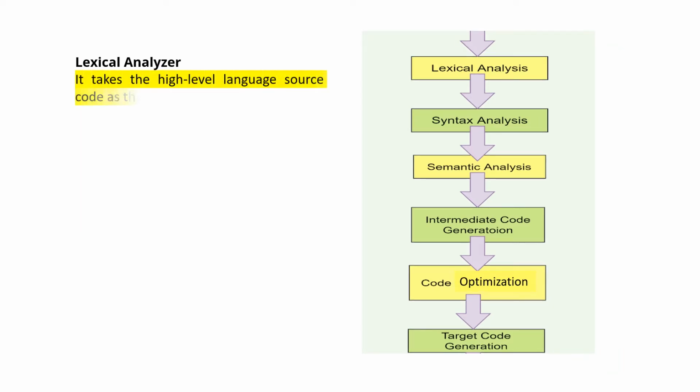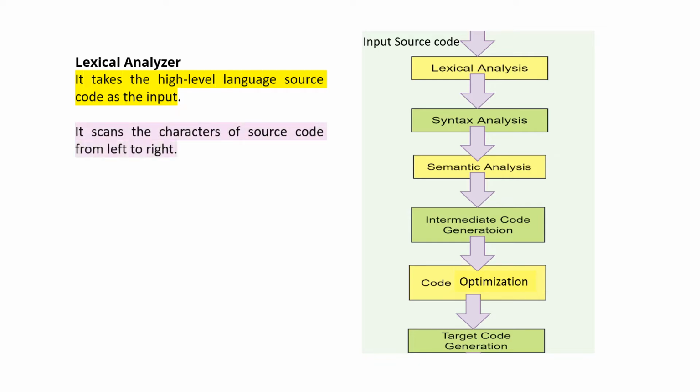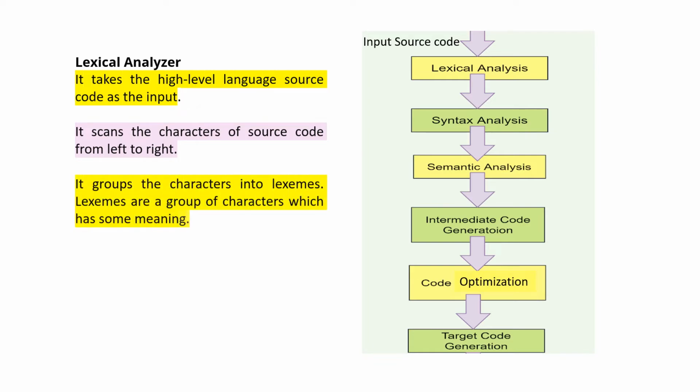First is the lexical analyzer. This takes the high-level language source code as its input, and it scans the characters of source code from left to right, and it groups the characters into lexemes, which are nothing but a group of characters which have some meaning.